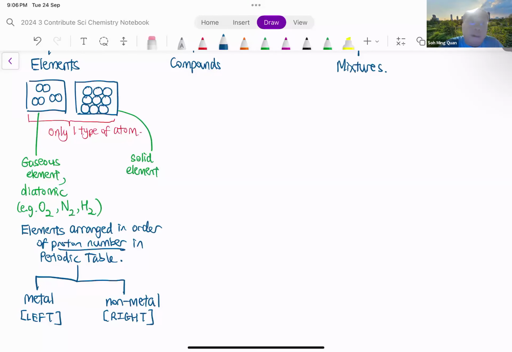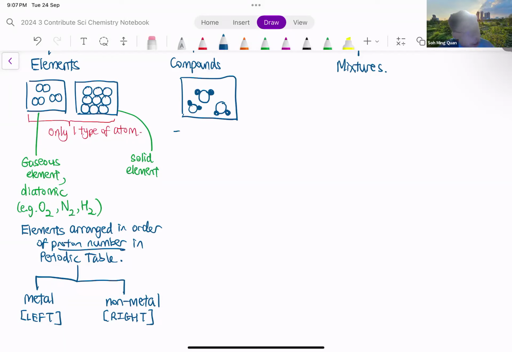Okay, next we move on to compounds. Now, compounds look something like that. So this is a typical compound. Why? Because you can see now there's more than one type of atom.